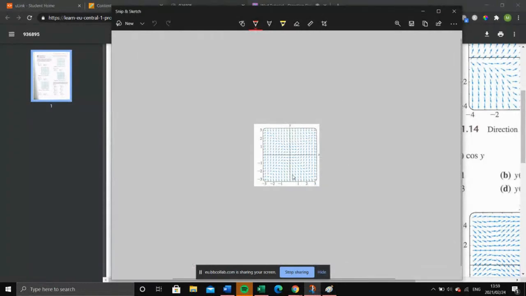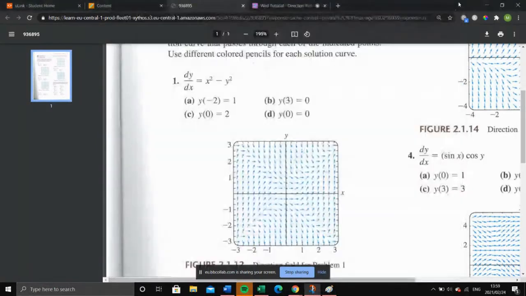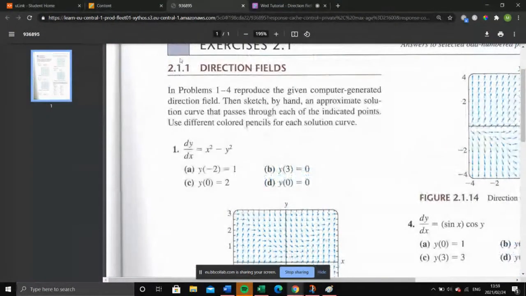So the first question in your tutorial is the following. You're given this differential equation, dy/dx = x^2 - y^2. And then they say to reproduce the given computer-generated direction field, then sketch by hand an approximate solution curve that passes through each of the indicated points, which sounds like a lot of mumbo jumbo at the moment, or something that's kind of impossible to do.